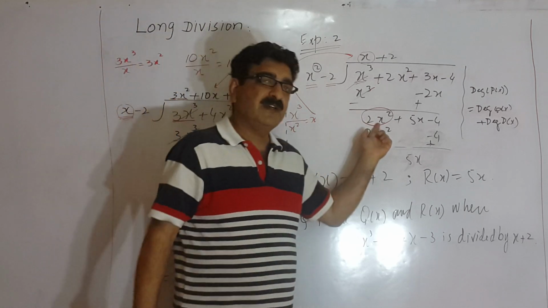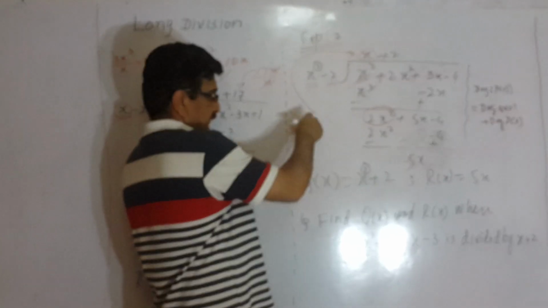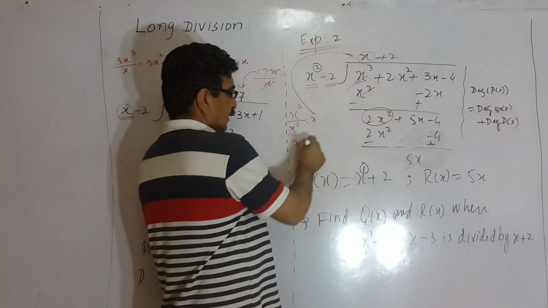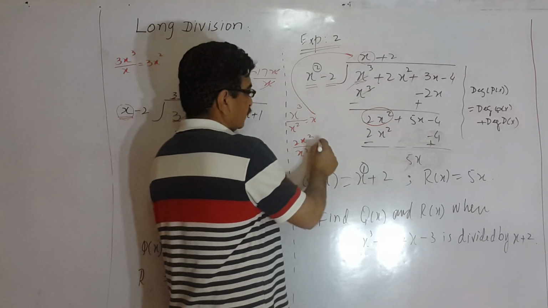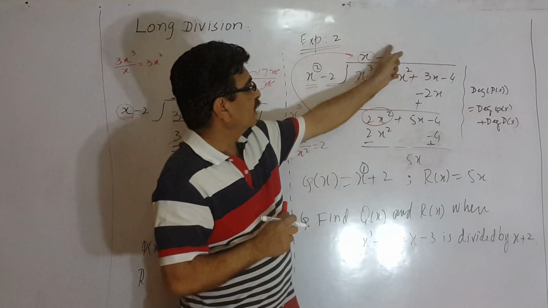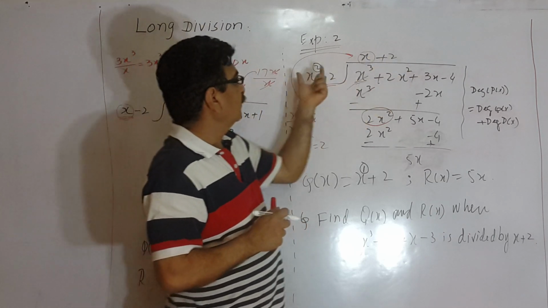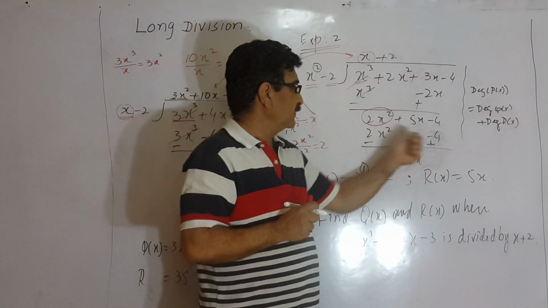Now this is the first one once again. Now take this, similar to this. Take this 2x square divided by this first term, x square, equals 2. So I write this 2 over here, then multiply this 2 with this factor and write below the similar terms.